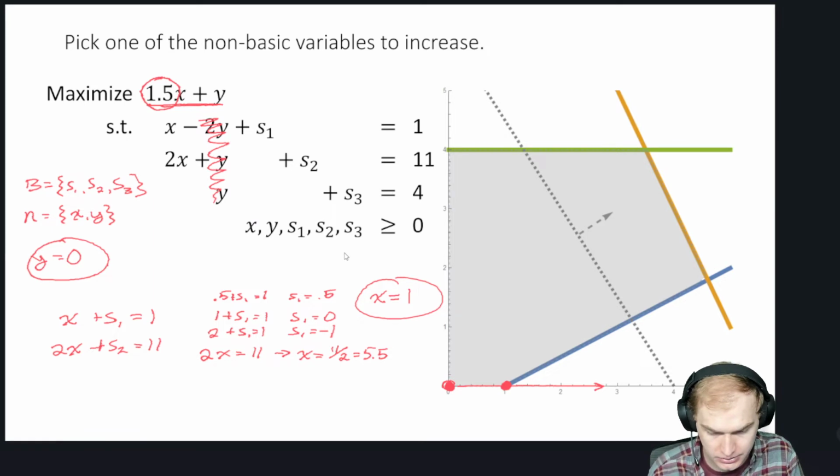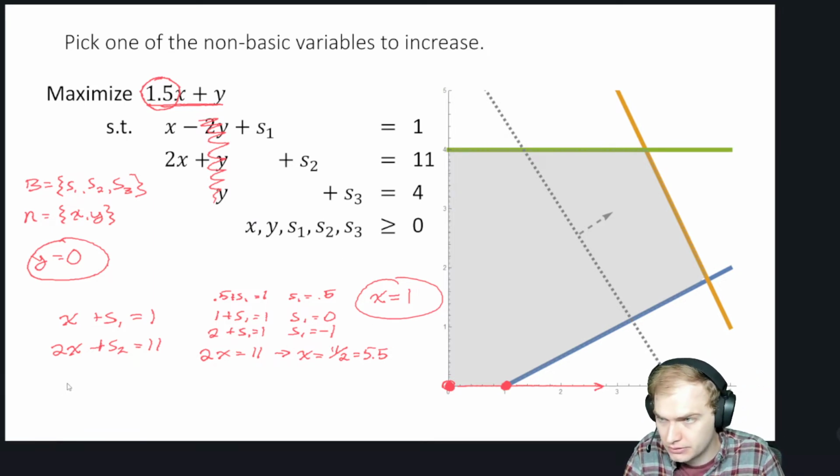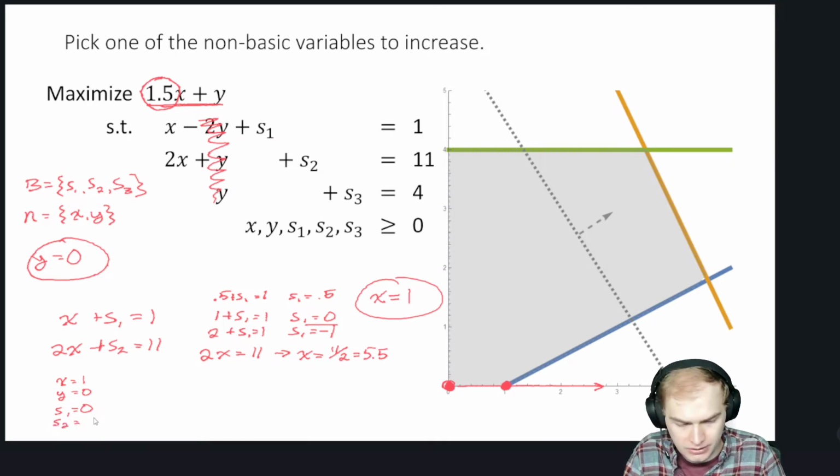Then we're just going to solve for, so we have x equals 1, y equals 0, s1 equals 0 from up here. S2 equals 11 minus 2 times x, which is 9. And S3 didn't have x in it at all, so S3 stays 4.